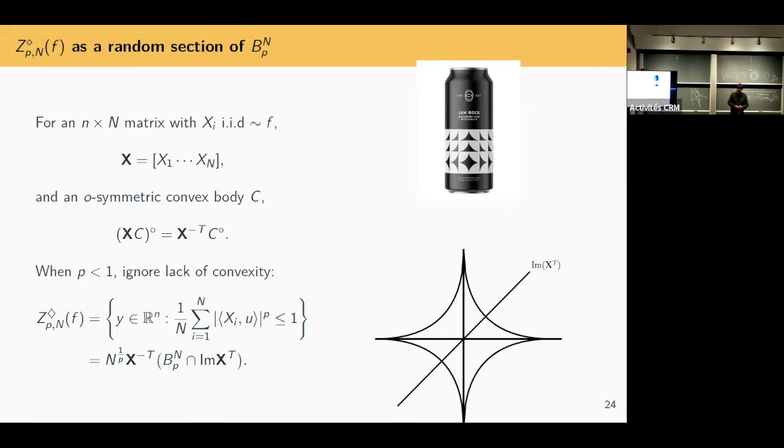I started this motivation by saying this is something about duality, but duality outside the class of convex sets. We know the polar of a projection is a section of the polar. That was for orthogonal projections, but I could just as well work with a linear map, a matrix that's like a projection. The polar of an image is going to be a pre-image of the polar.